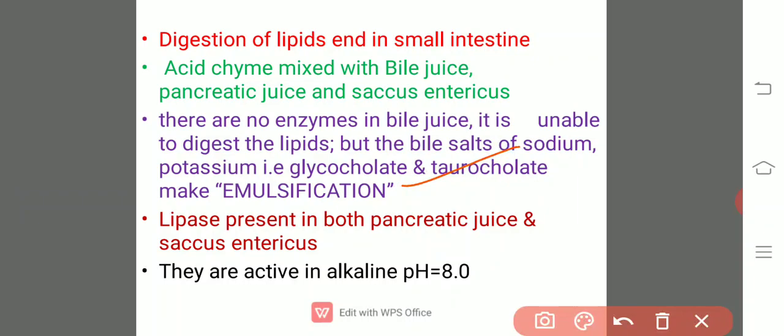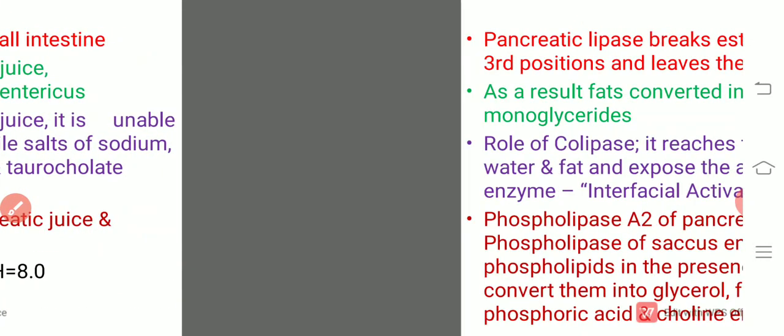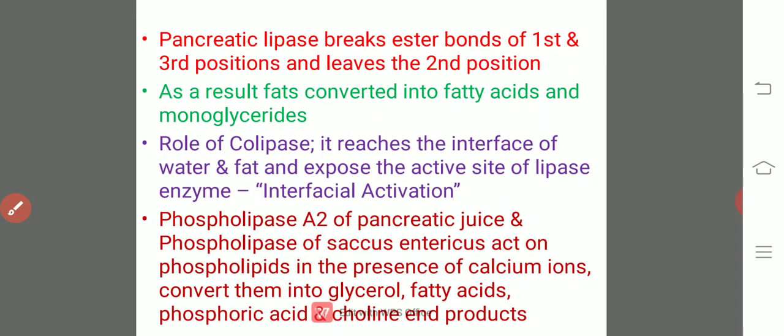Both the pancreatic juice and the succus entericus have the lipase enzyme, but it is highly active in alkaline pH of about 8. Then let us see how the lipase can digest the lipids.